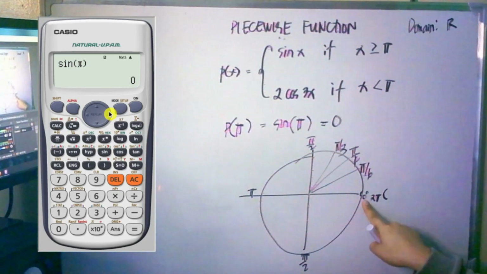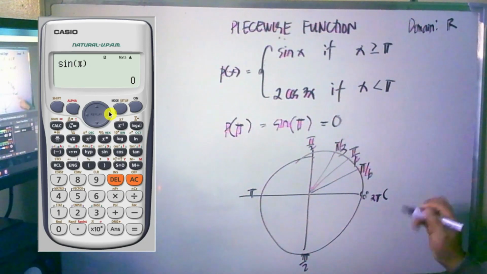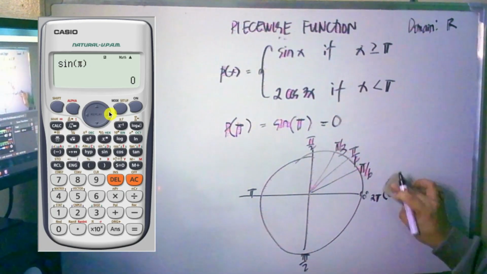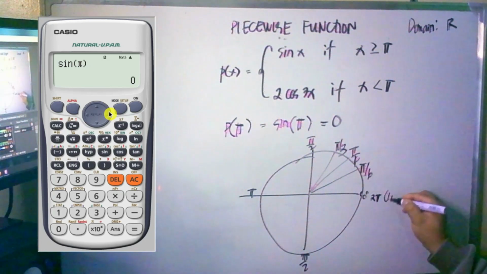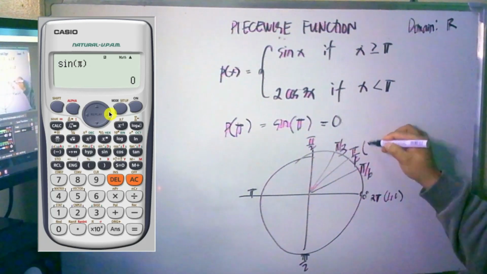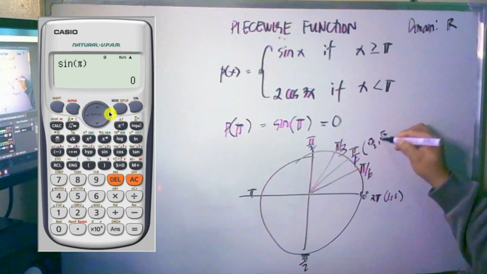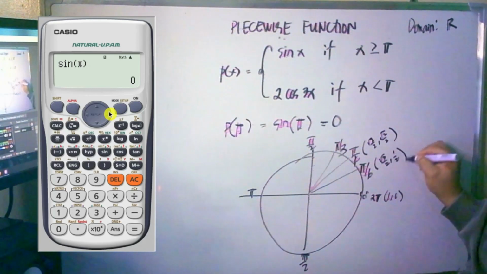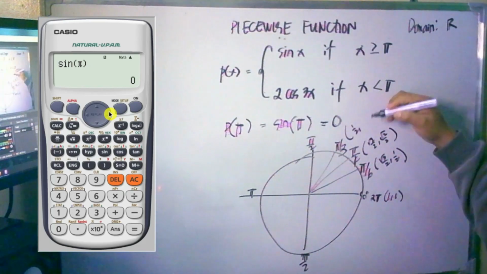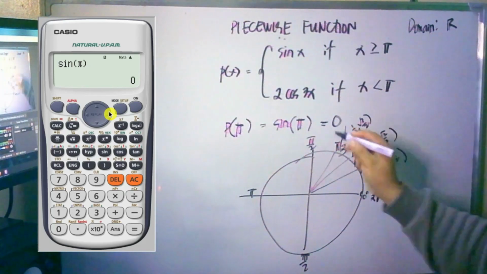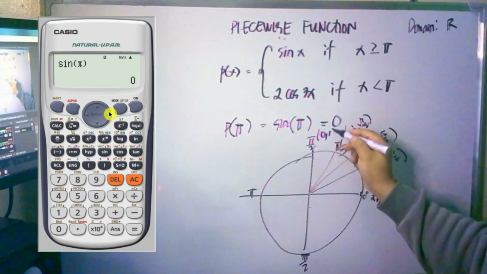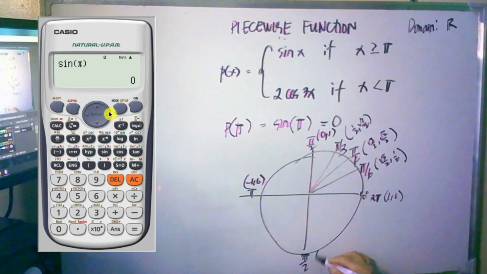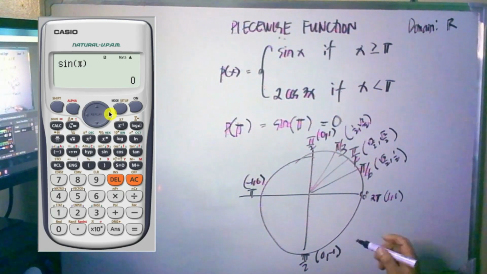So for example, si 0 degree at saka si 2 pi, ang ordered pair dyan ay 1, 0. Dito ay square root of 2 over 2, square root of 2 over 2. Dito ay square root of 3 over 2 at saka 1/2. Dito ay 1/2, square root of 3 over 2. Ito ay 0, 1. Dito ay negative 1, 0. Dito ay 0, negative 1, and so on, so forth.